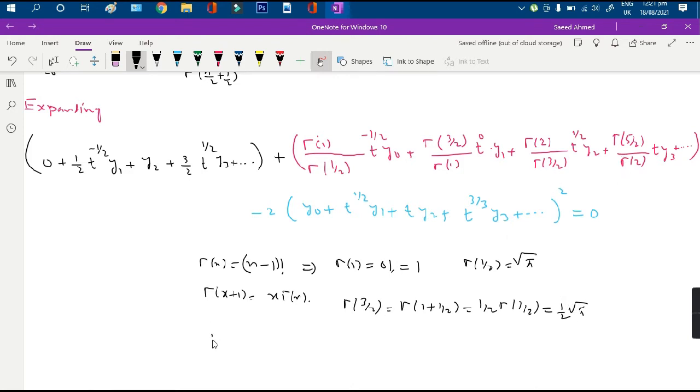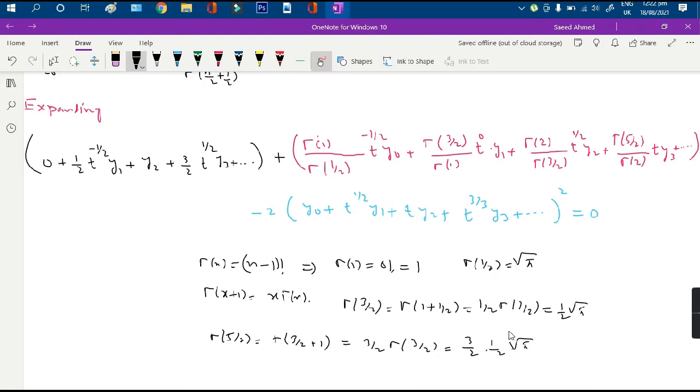And I also have gamma 5 by 2, so 5 by 2 is written as 3 by 2 plus 1, which is 3 by 2 gamma 3 by 2, and gamma 3 by 2 is 1 by 2 into square root of pi.